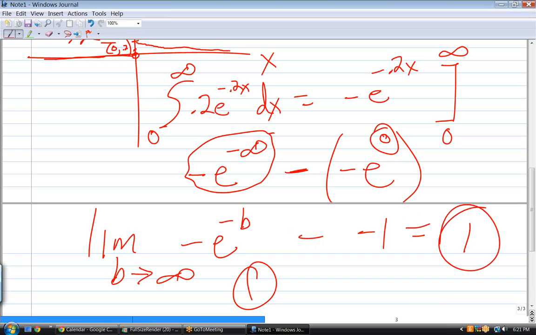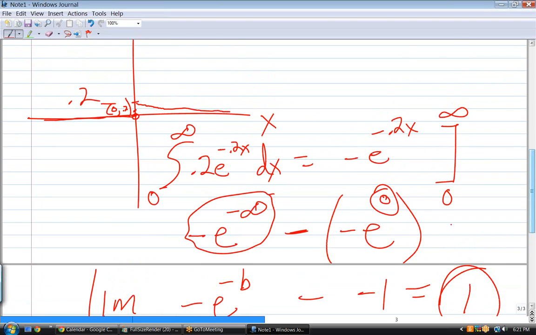Huh. And it is finite, which is rather odd. When you look at this problem, you realize that this line never reaches the x-axis. Even when x goes to infinity, it's barely above the x-axis. So it looks like that would be an infinite area under that curve.